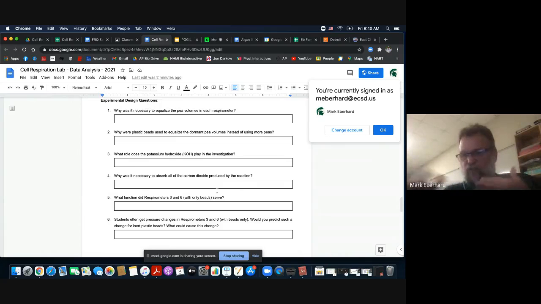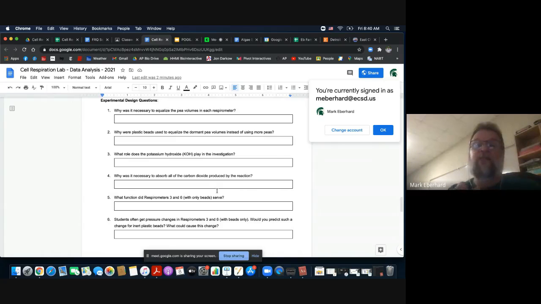Otherwise, you're going to change the pressure of the system. If you had different volumes of peas in the tubes, that's going to change the pressure in the tube, which is going to cause the colored dye to move through the tube at different rates. Am I making any sense?